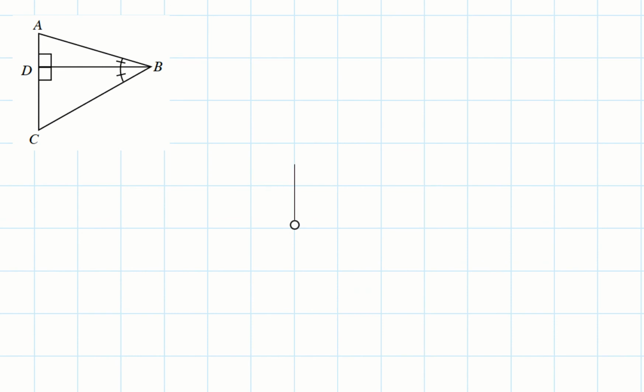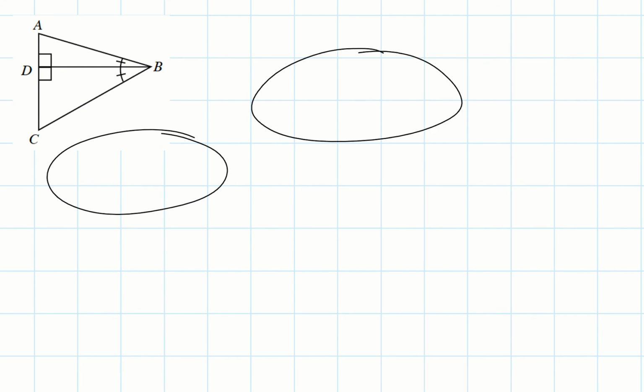DB is congruent to itself, so I'm going to be able to point out that I've got that side in both triangles. The triangles I'm trying to prove congruent are the one that lives above and the one that lives below. I want to show that those two triangles are congruent. And it's very close to angle, angle, side, so I'm going to start with that idea. So I'm going to start with a couple of ovals here.